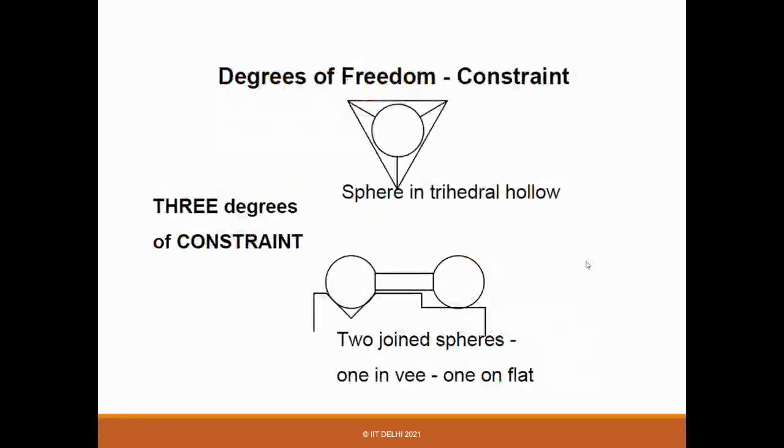What are the other designs? What are the other 3 DOF constraint contacts? What can you say? If you have a sphere in a trihedral hollow, a trihedral hollow is, you just invert a tetrahedron.